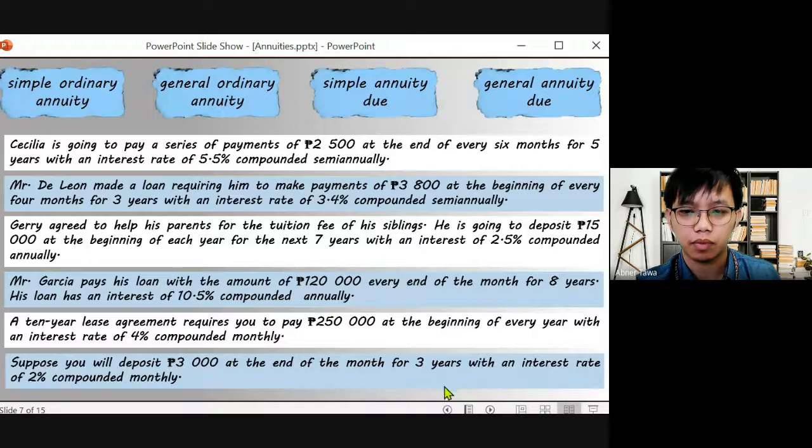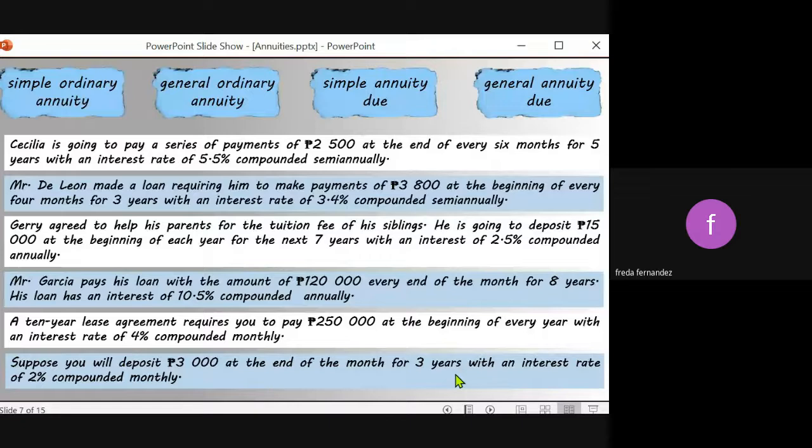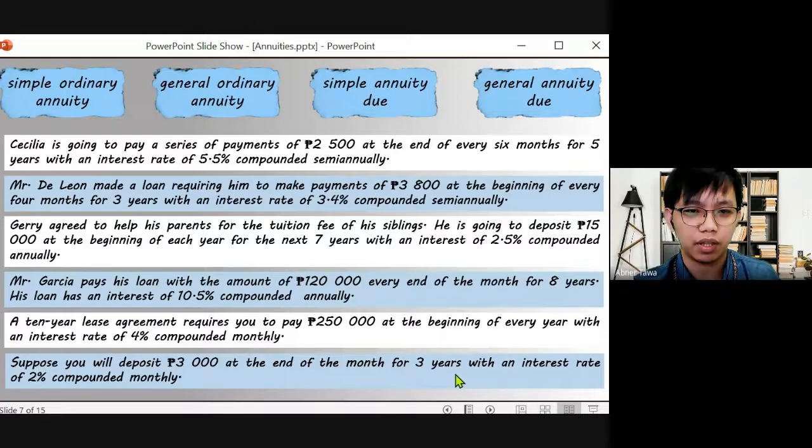Saan yung mga iba? Yes, Freda, anong sagot mo? Sir, simple annuity due. Okay, let's check later on. Yes, Alera, what's your answer?